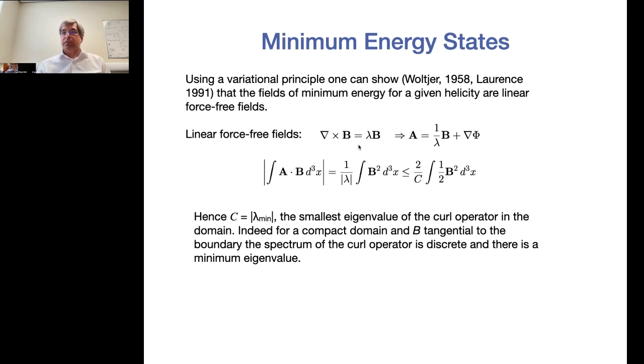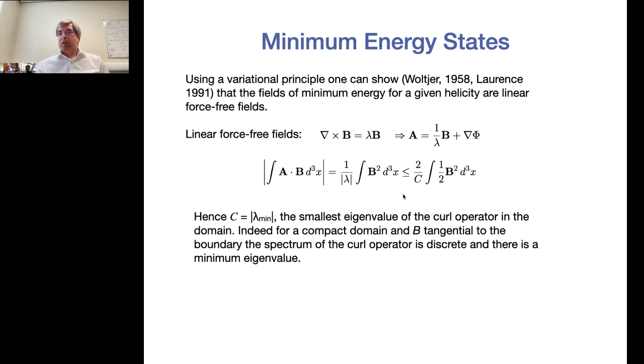If we have such a field, a linear force-free field, we can find a vector potential A just as 1 over lambda times B, and we can, of course, always add a gradient of a function which wouldn't change the curl of this vector potential. If we plug this into our helicity integral on the left-hand side, then we end up with 1 over the modulus of lambda times the integral of B squared.